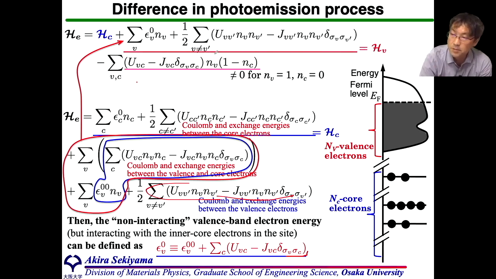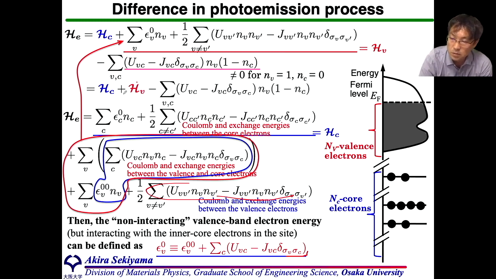Then we can redefine the Hamiltonian for the valence electron by summarizing these two terms. Then we can rewrite the total electron Hamiltonian as a summation of the core electron and valence electrons and the interaction between the valence band and core hole. Core level electrons' Coulomb interaction is included in advance in this term.